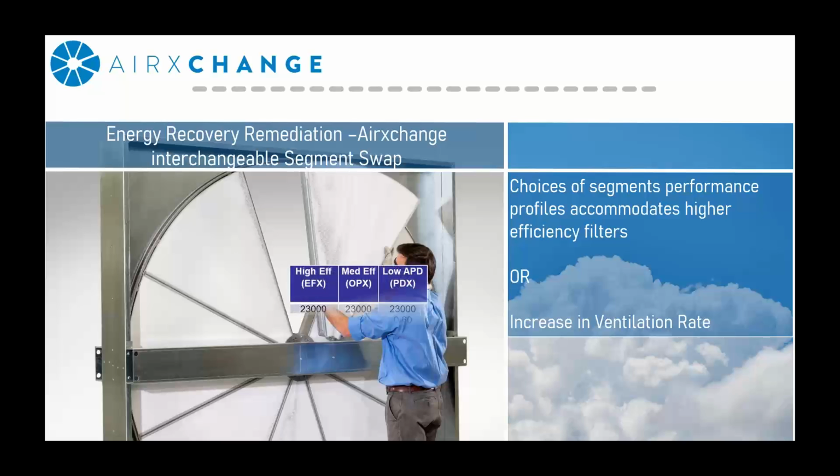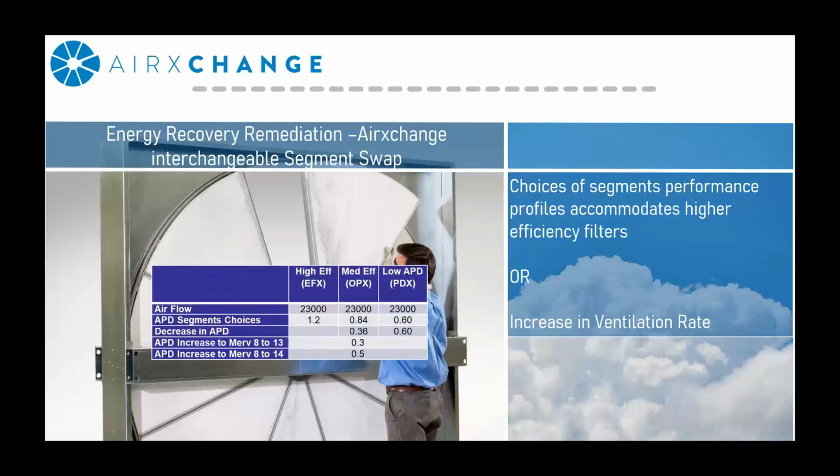So as you move from the high efficiency segments down to the lower efficiency segments, it allows you to either move more air across the heat exchanger surface area or achieve a lower pressure drop to compensate for some higher filtration.